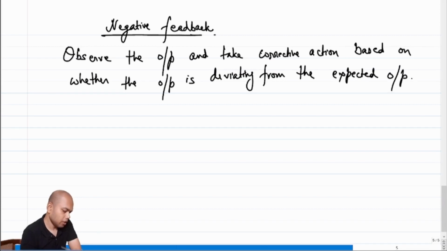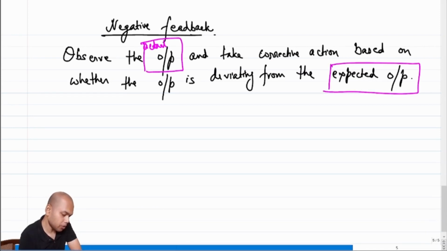Right? So there are three things here. One, you need to observe the actual output. Also, you need an expected output, because you need to know where you are going. If you don't know where you are going, then there is no point in taking any action.